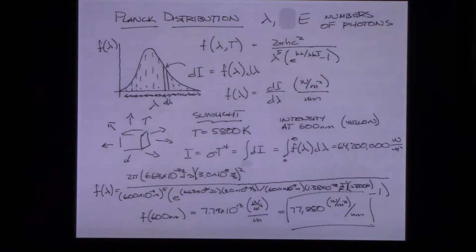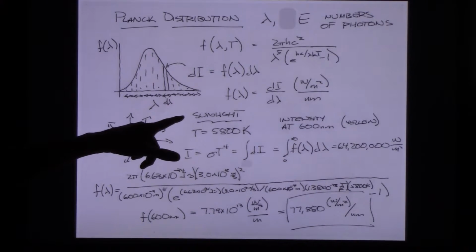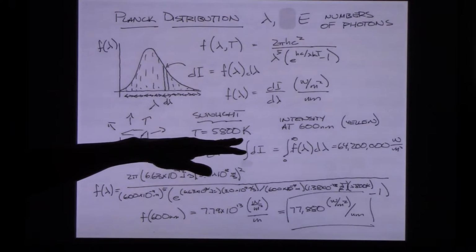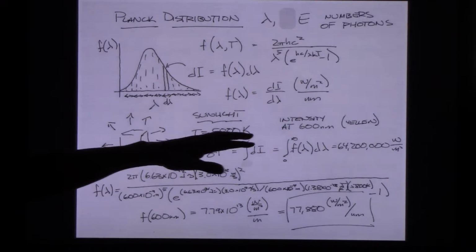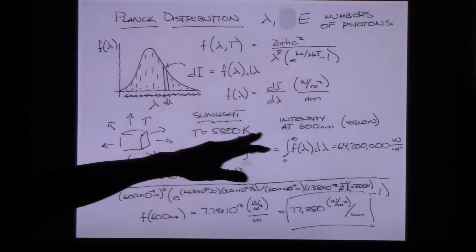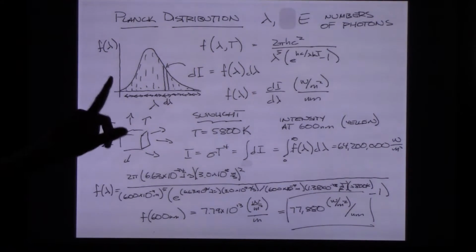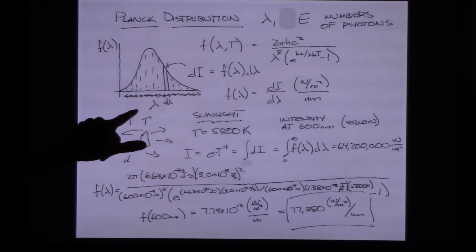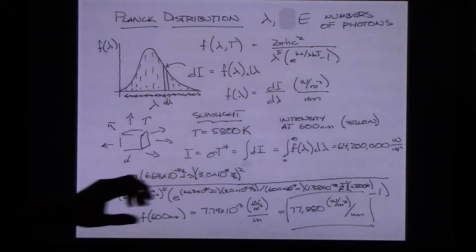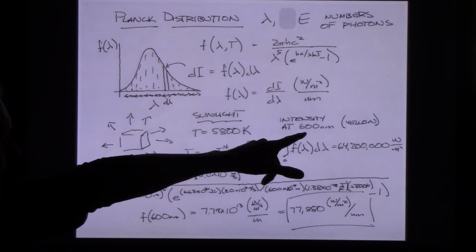So let's go back and look at this sunlight example again. The sun is at a temperature of 5,800 kelvins. If we put in 5,800 kelvins, the peak intensity was at 500 nanometers, if you remember. But what happens if we look at 600 nanometers?